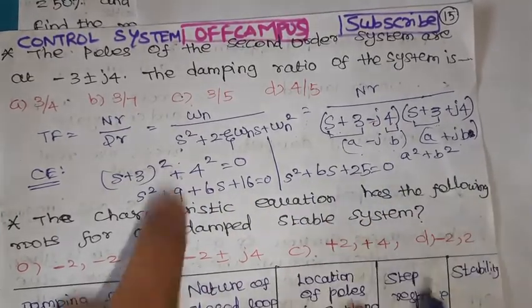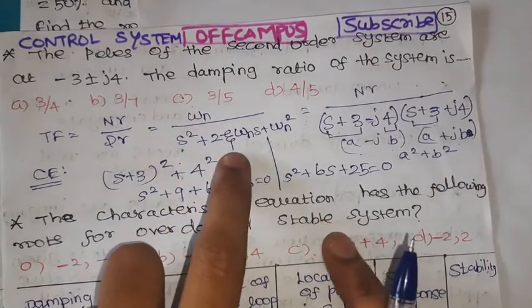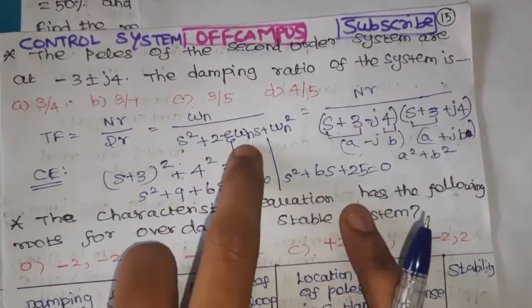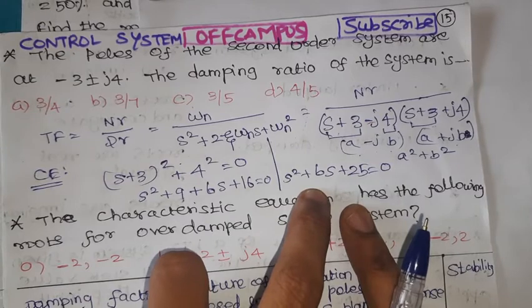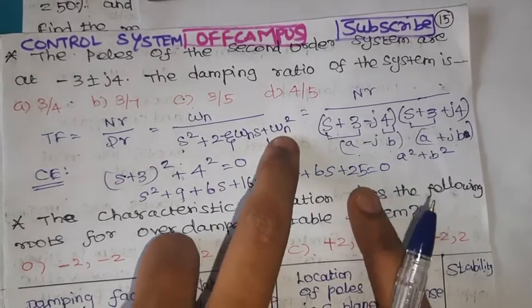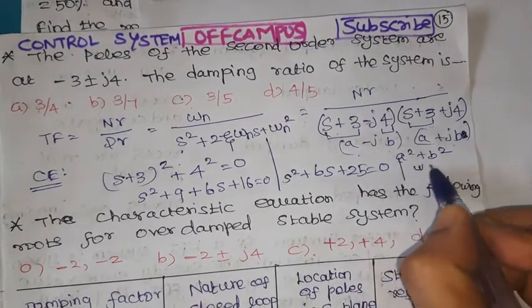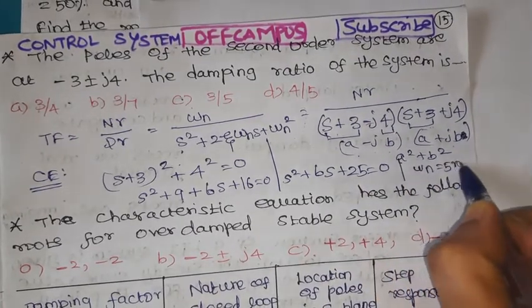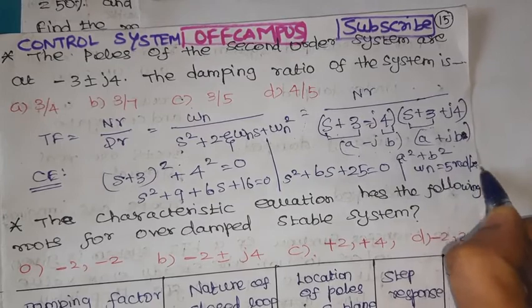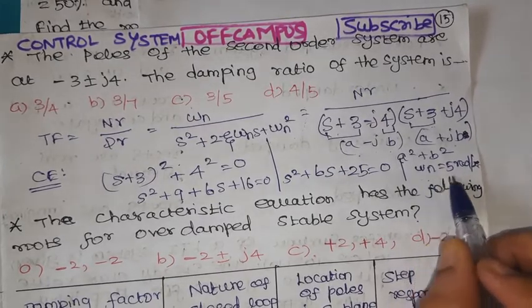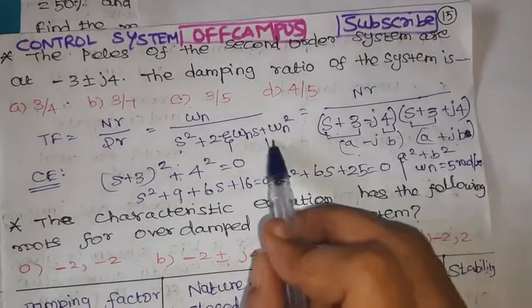By equating this to the standard second order transfer function, 2 zeta omega n is nothing but 6, whereas omega n squared equals 25 and omega n equals 5 radians per second. From this equation, we get the omega n value as 5 radians per second.